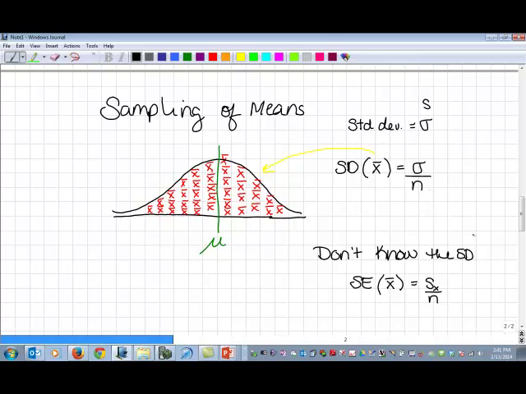Now, a lot of times we don't know what sigma is, and in that case we end up using the standard error of our sampling distribution of means, where we'll use one of our samples, compute the s, and divide that by the square root of n, and that gives us a reasonable estimate for the standard deviation.